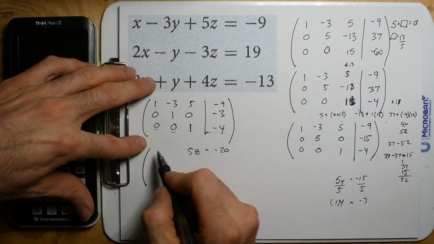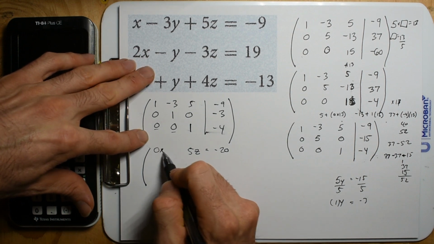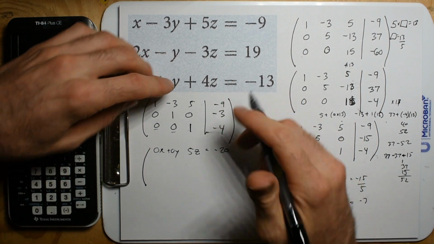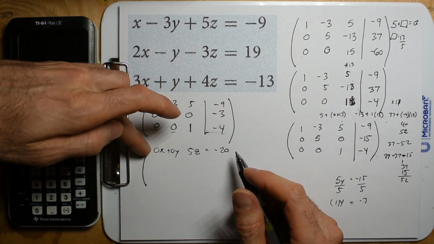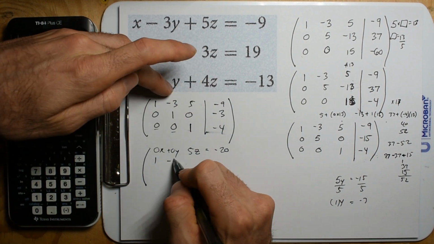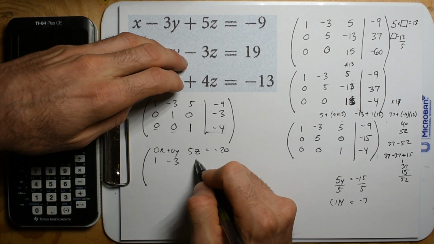This is 0x plus 0y. So when we subtract these, we're going to say 1 minus 0 is 1. Negative 3 minus 0 is negative 3. And now we have 5 minus 5 is 0.